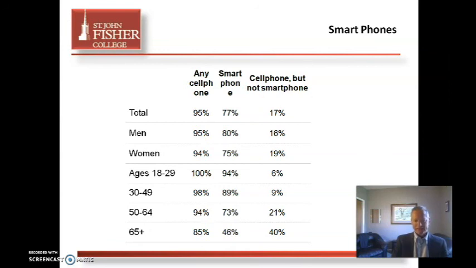And then if you look at late boomers, it drops off to almost 50%. So as you can see, smartphones are a key portion of digital marketing, and that's why it's important to understand how to use the different blogs, and the different Snapchats and Instagrams and those types of things.